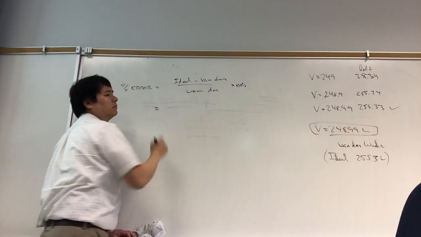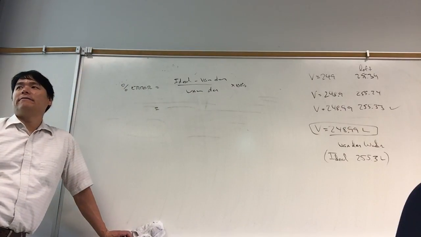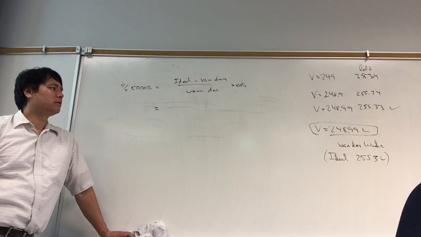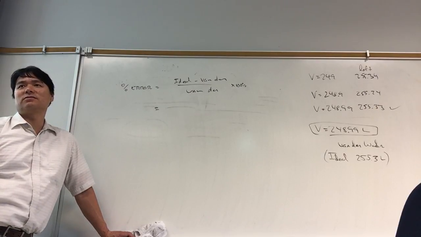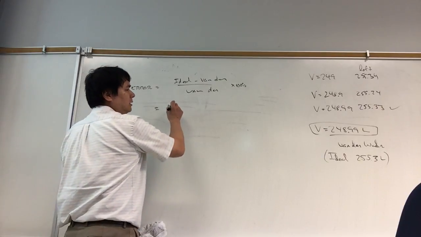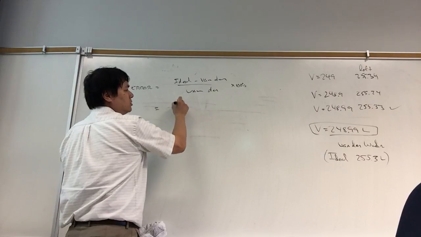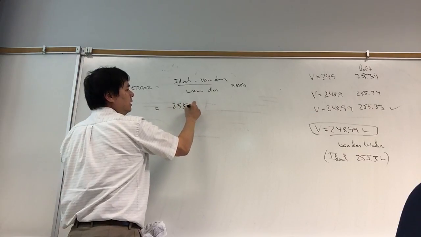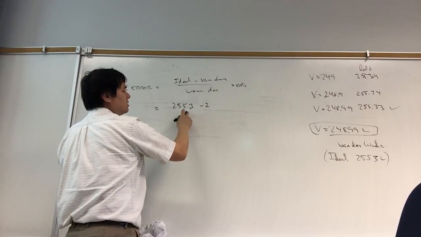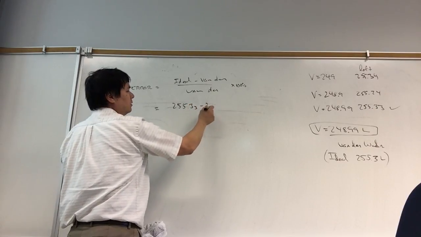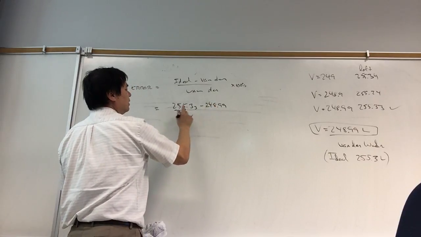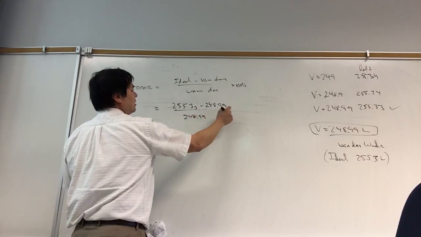And so what kind of percent error did we have when we calculated this using the ideal gas law? You know, it's a lot easier, wasn't it? We didn't have to do the successive approximation stuff or anything like that. And so let's go ahead and see what it is. It's going to be 255.3 minus 248.99 divided by 248.99 times 100%.